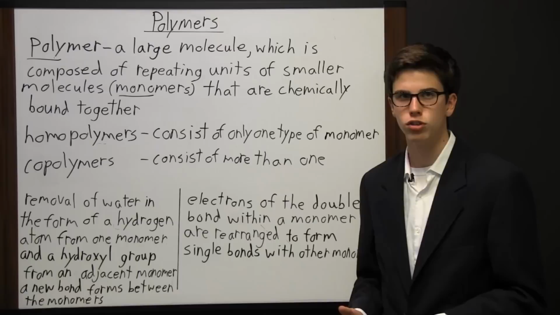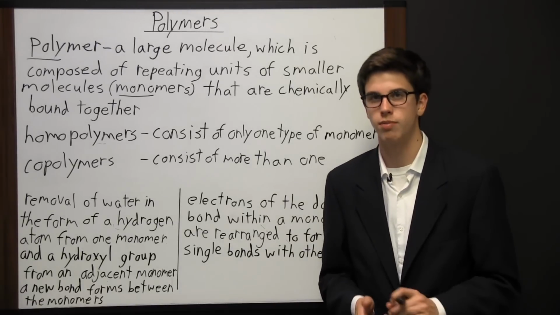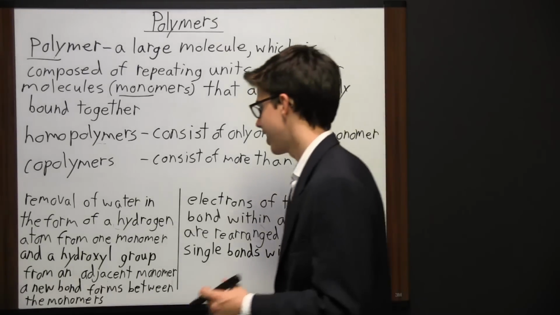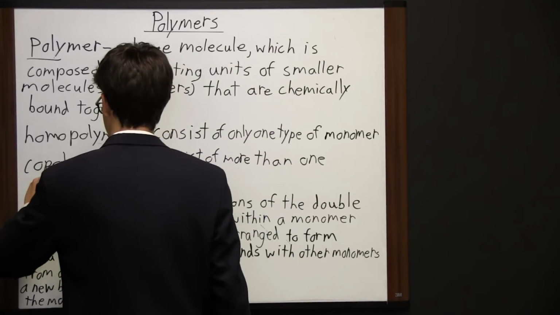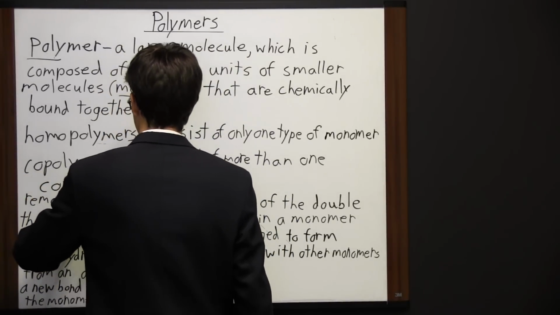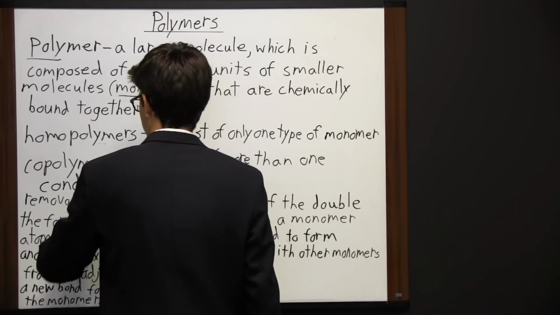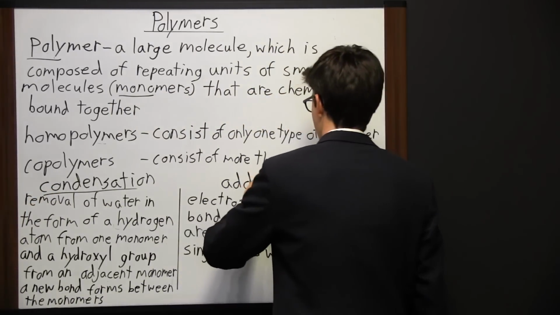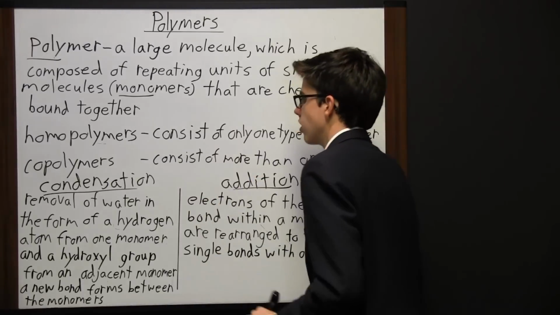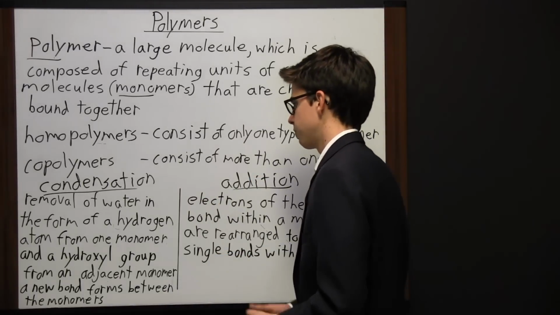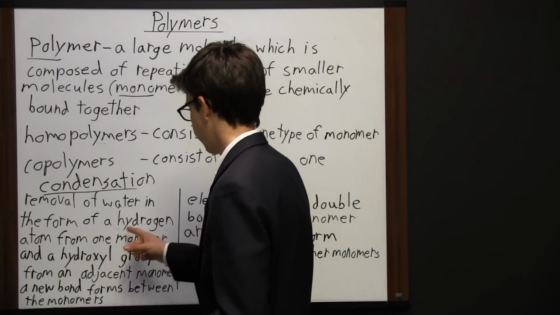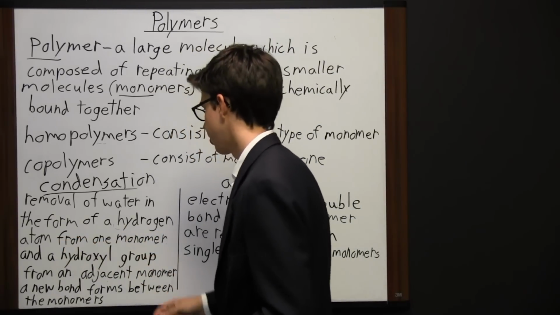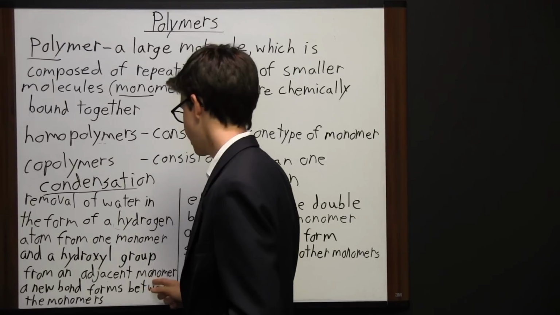Now, there are 2 types of reactions that are used to make polymers. So one is condensation, and the other is addition. So the way condensation works is it deals with the removal of water in the form of a hydrogen atom from one monomer and a hydroxyl group from an adjacent monomer.